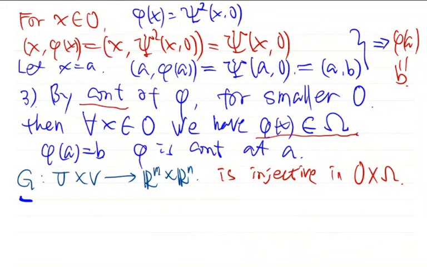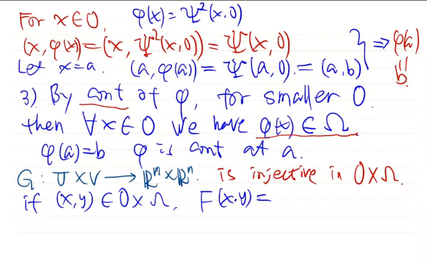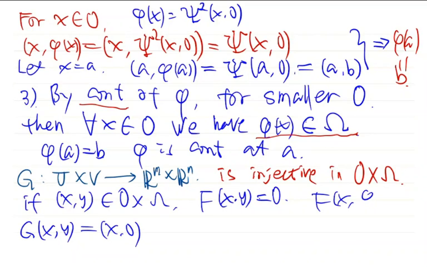Okay. So since G is injective in this O cross omega, we also know that if a point x, y in O cross omega is such that capital F x, y is 0, then our G x y is x0, by the definition of G. But we also know that F x phi x is also 0.